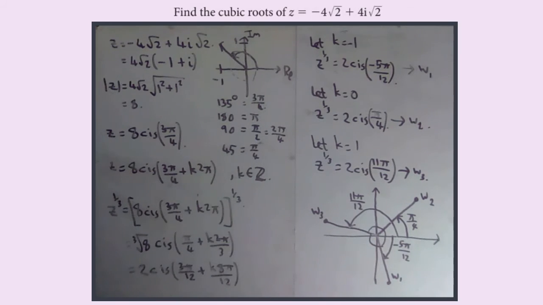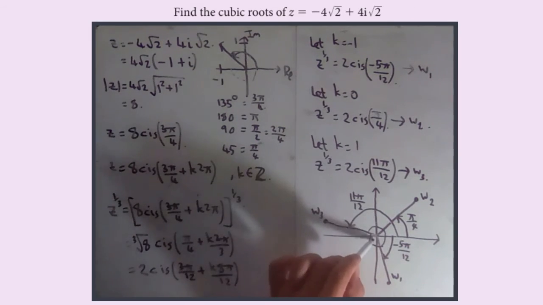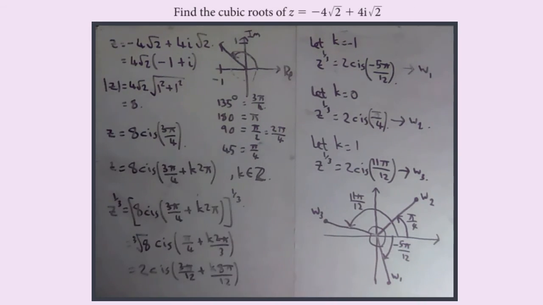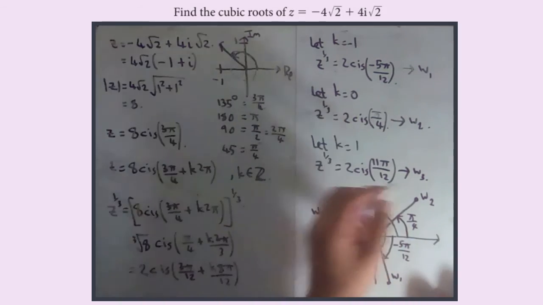So what was 120? Well, pi by 3 is 60, so it should be 2 pi by 3 each little angle in here. So 2 pi by 3, 2 pi by 3, 2 pi by 3. The difference between any two arguments of the three roots is 2 pi by 3, and all of these lines have length 2.